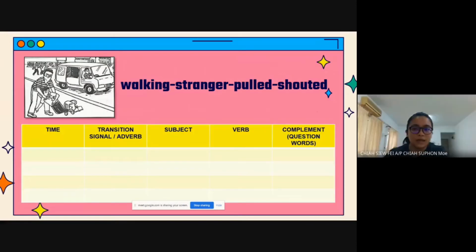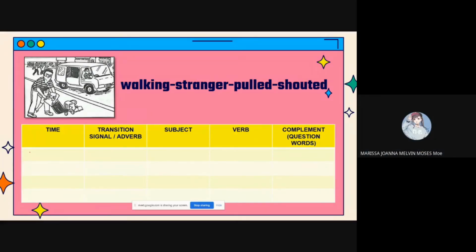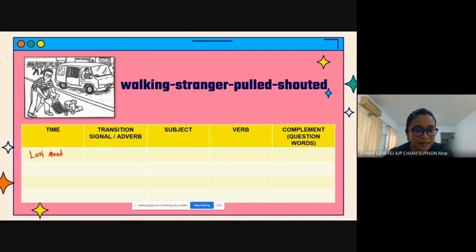Now what we are doing is we are going to write picture by picture. Last Monday, Ahmad was walking home from school. Okay, last Monday.